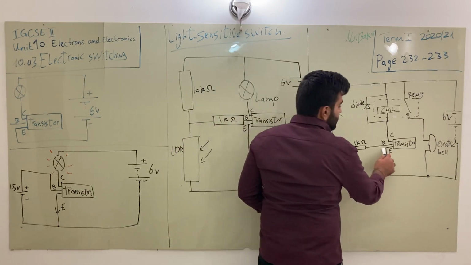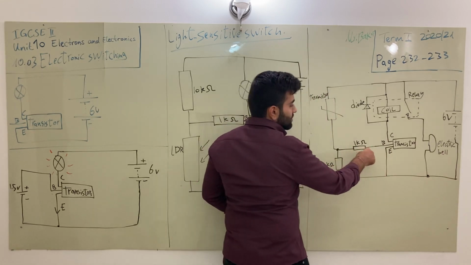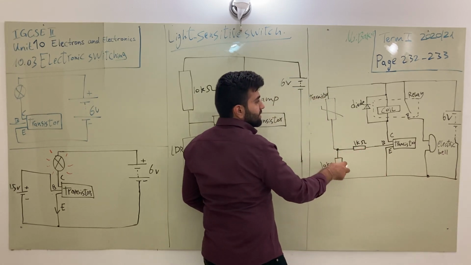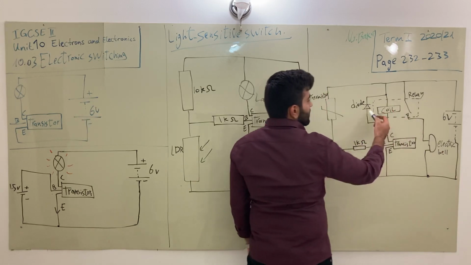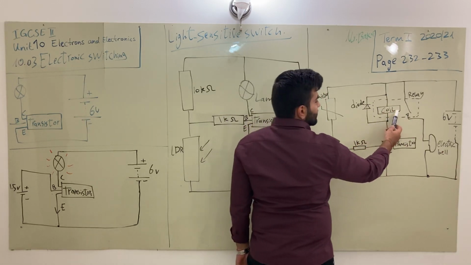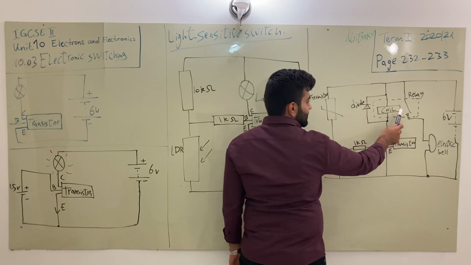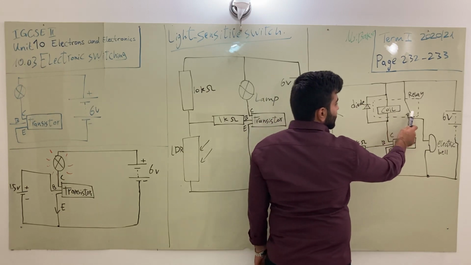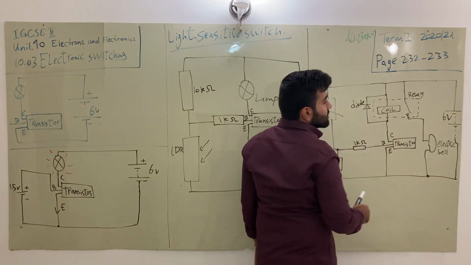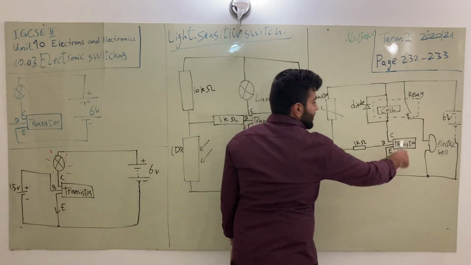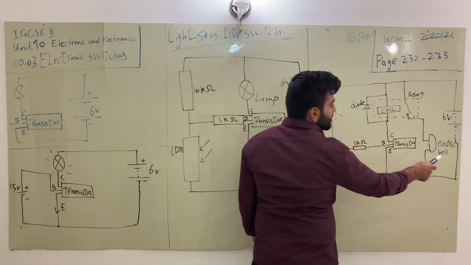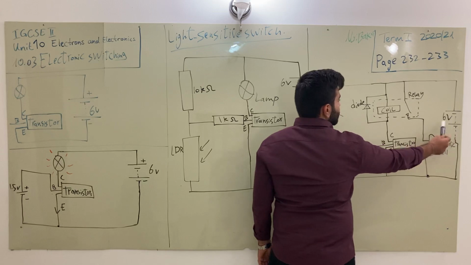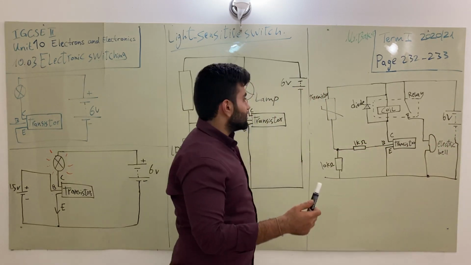And it's connected to the base of the transistor with a resistor for protection, and then it's connected to the relay. We say the relay is a coil and magnetic, that when you apply electricity it will be magnetic and it will turn it on and off, and this relay is connected to the electric bell, and the electric bell is connected to the cell or to the battery.